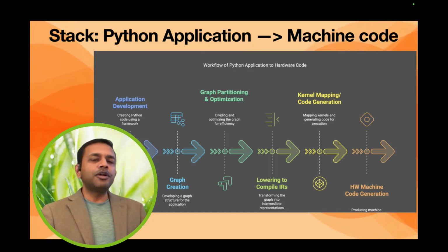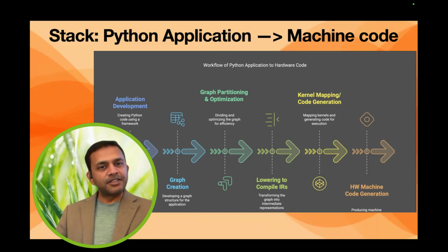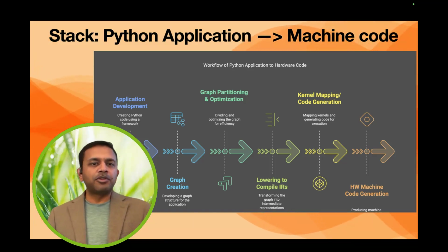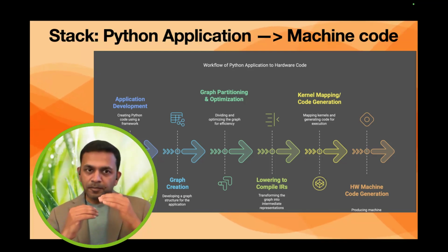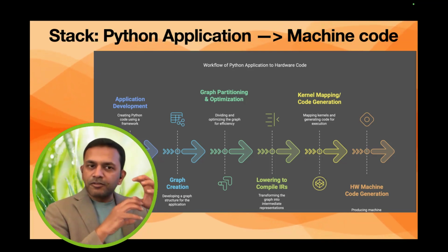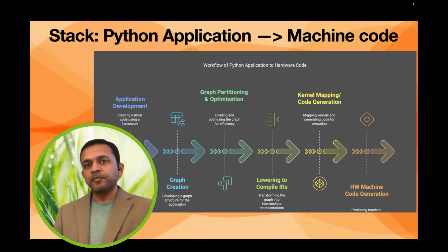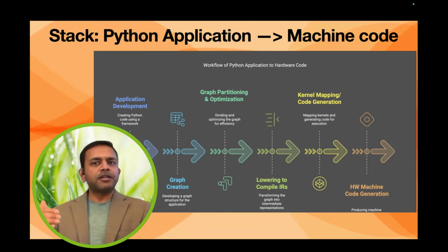Further, it is lowered to several internal representations in the compile steps. The divided graph is mapped either to a certain kernel, which is optimized handwritten code that is available, or to non-kernel code that is generated for that.